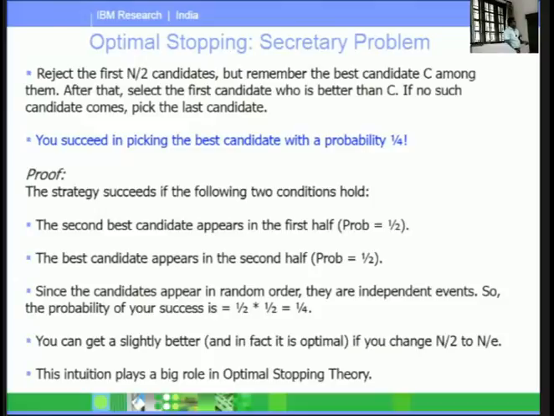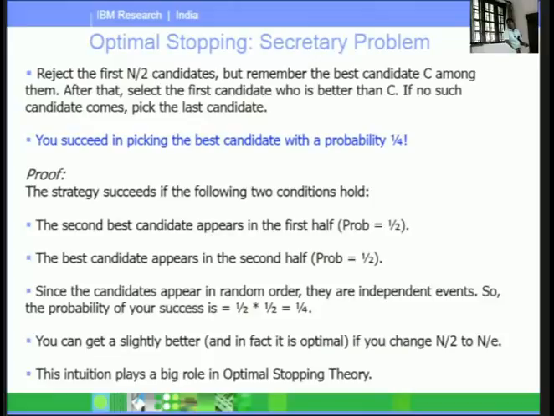So what kind of condition do you want at this point in time? When will you succeed? Obviously, if you want to succeed, the top guy has to appear in the second half. If that is not the case, you will not succeed.